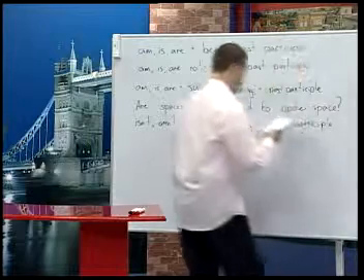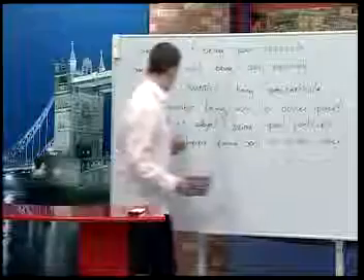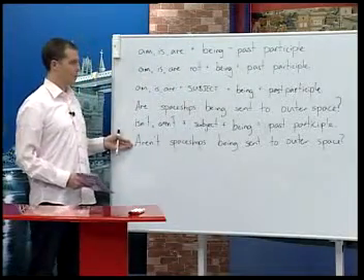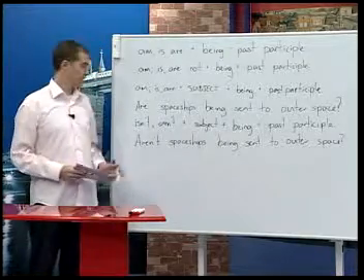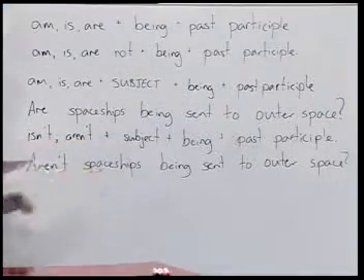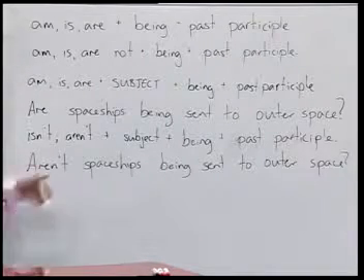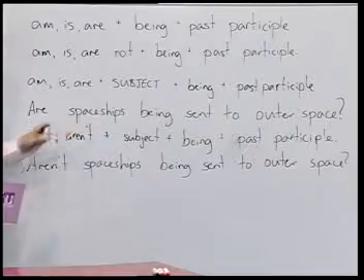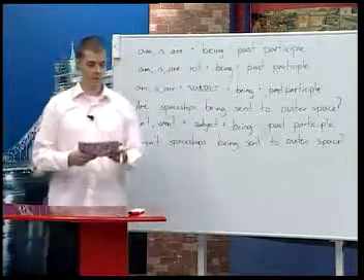For example, aren't spaceships being sent to outer space? So the passive voice subject, spaceships, determines if the verb be is singular or plural. Here we have a plural subject, so we have the verb are because it's plural. Well, let's practice some of these now.